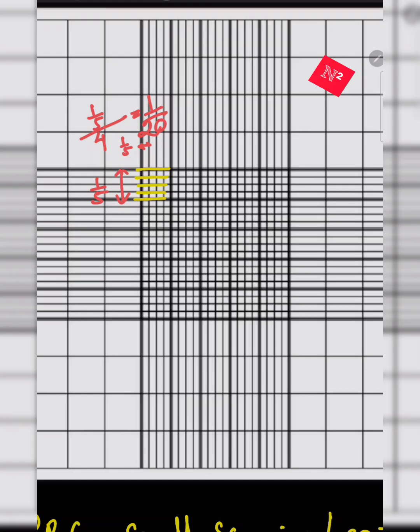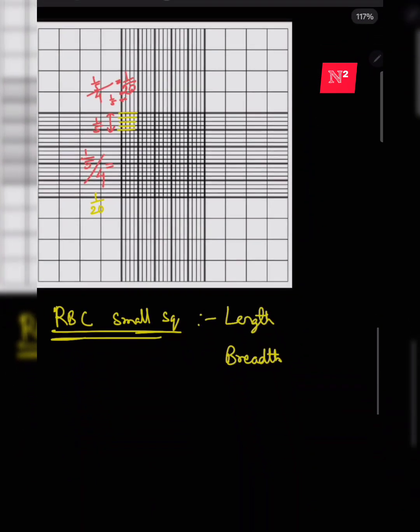So what will be the value? 1 by 5 divided into 4 equal parts, therefore the value of the breadth will be 1 by 20. Okay, let's go back to our calculation.